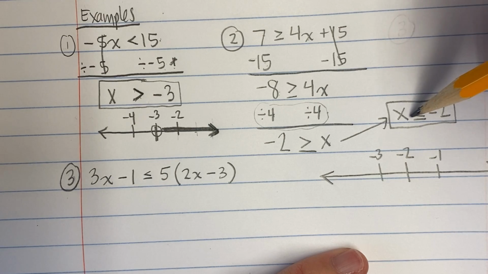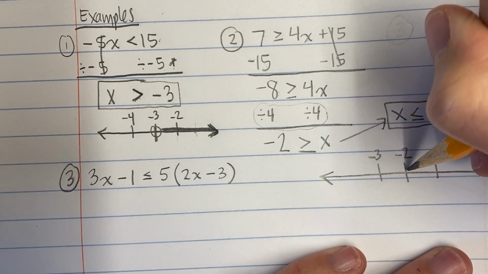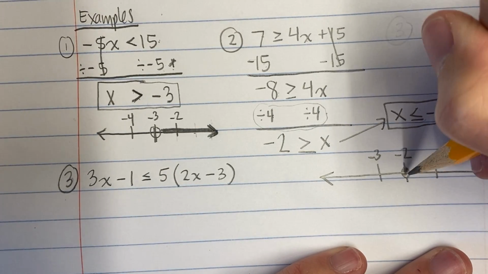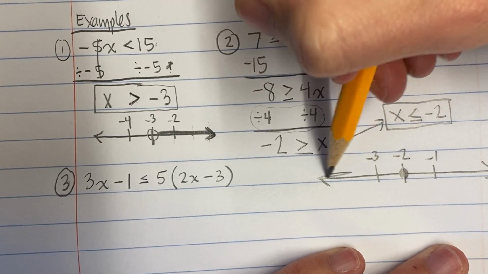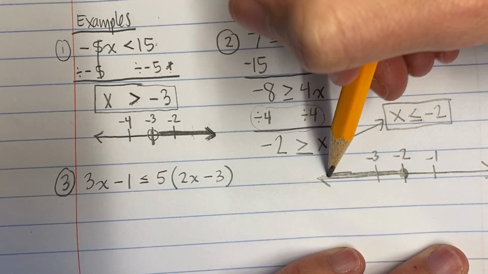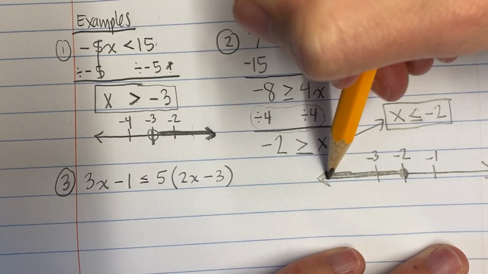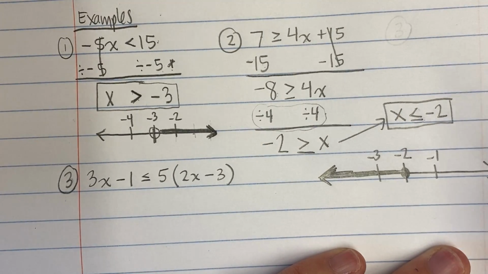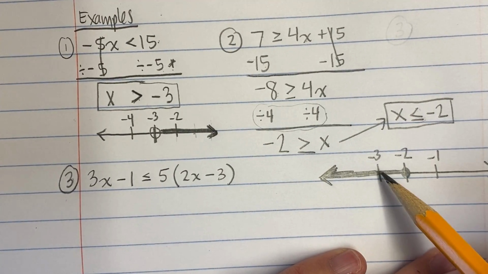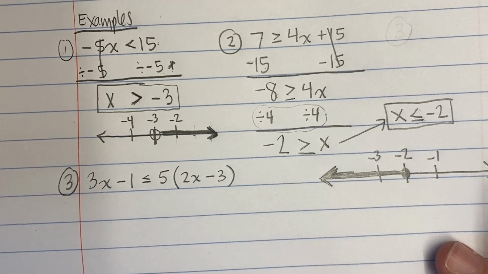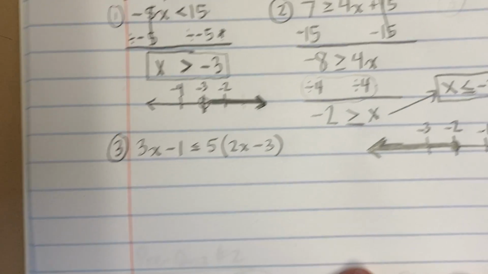This says x is less than or equal to -2. So that's a closed circle because it could be -2, or it could be less than -2, so I'm going to shade to the left for less than. This answer could be -2, -3, -100, but it's got to be somewhere to the left of this.